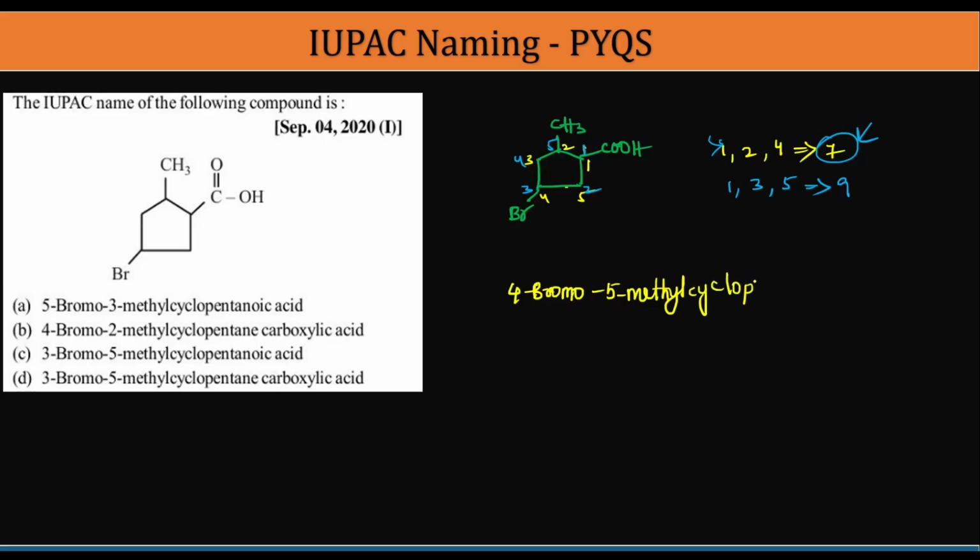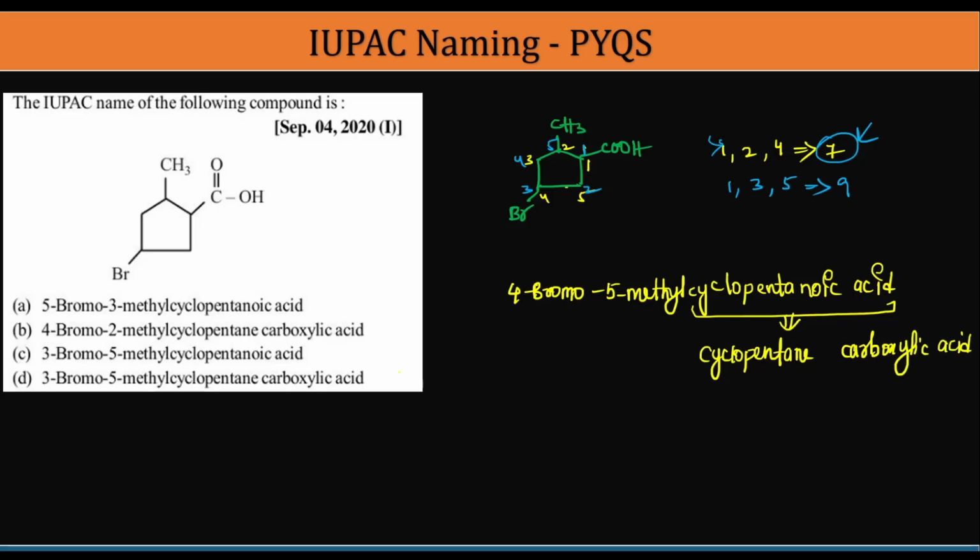This is 5 carbons, right? So cyclopentanoic acid, or else you can write this one as cyclopentane carboxylic acid.